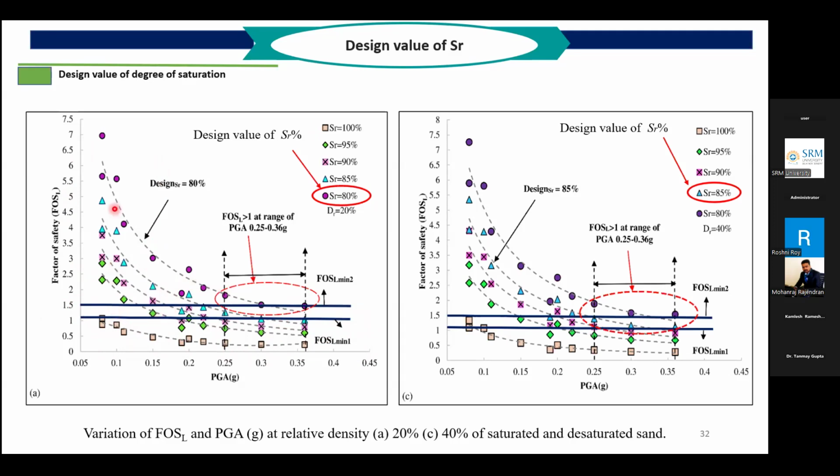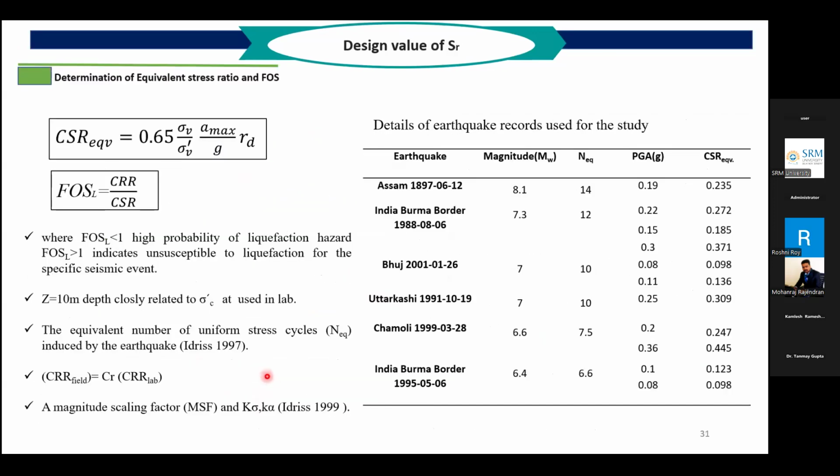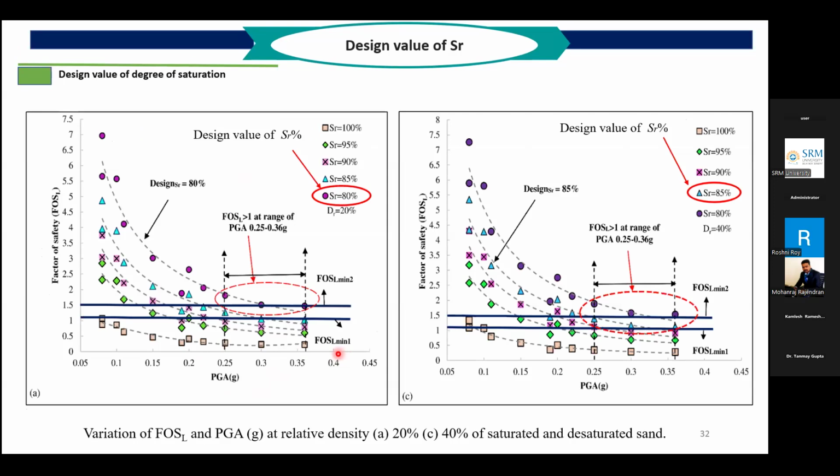Now we are just playing with the degree of saturation against the peak ground acceleration you are expecting from the earthquake. To maintain a high factor of safety, you need a very low ground acceleration. This ground acceleration is with respect to the type of earthquake magnitude you are considering.